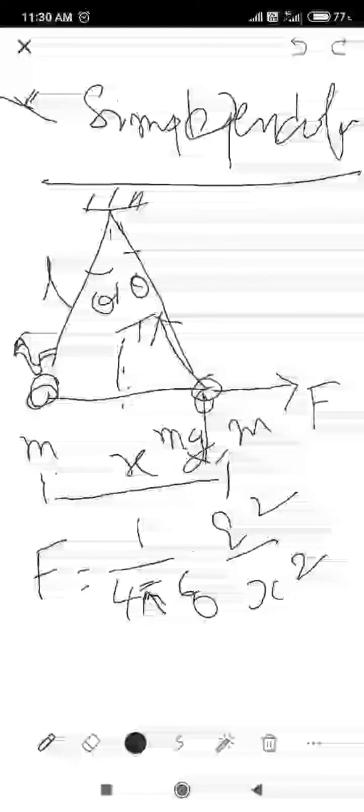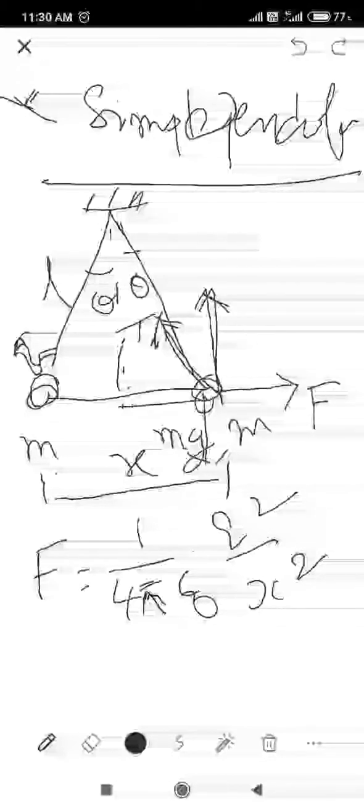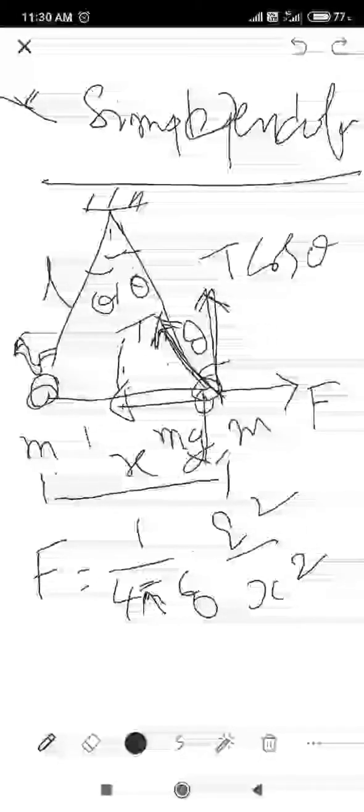Now if you resolve this tension into two components, you will get one component in this direction and another component in this direction. This angle is theta, means this angle is also theta. Therefore, if you resolve tension T into two components, you will get this side T cos theta and this side T sin theta.